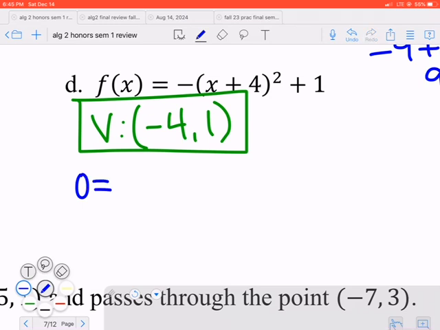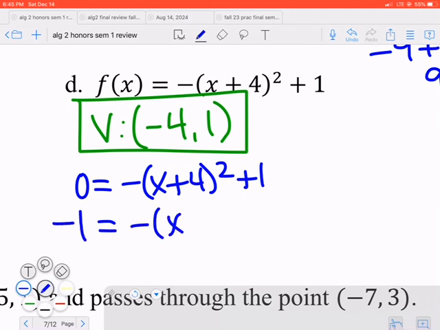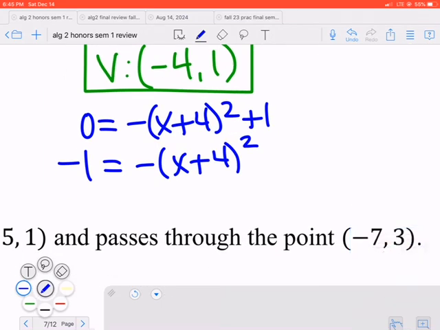So 0 equals negative (x plus 4) squared plus 1. I'm going to minus the 1. And both sides are negative, so divide both sides by -1. We have 1 equals (x plus 4) squared.